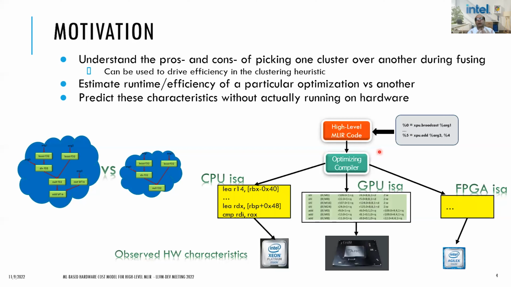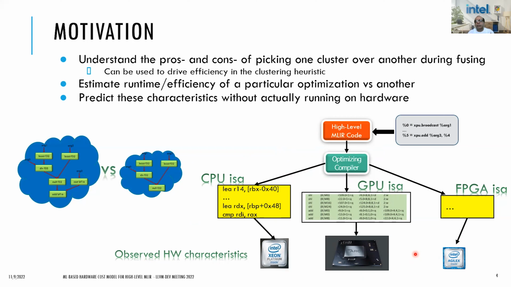Usually we'll have what is called MLIR opt, which is the equivalent of LLVM opt. We'll lower it down to LLVM. And then depending on your hardware target, you may go through your CPU LLVM code to run it, let's say, on an Intel Xeon, versus GPU LLVM code, which will run on Intel Arc, versus an FPGA, which will run on Intel Agilex, right? So these are the various options that you may have.